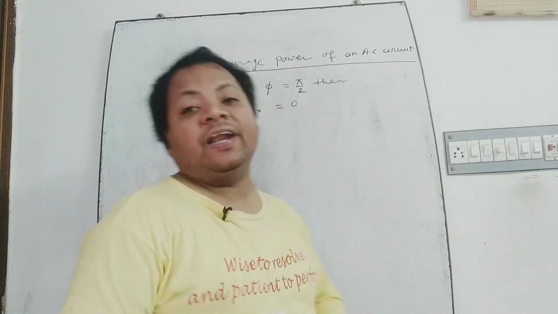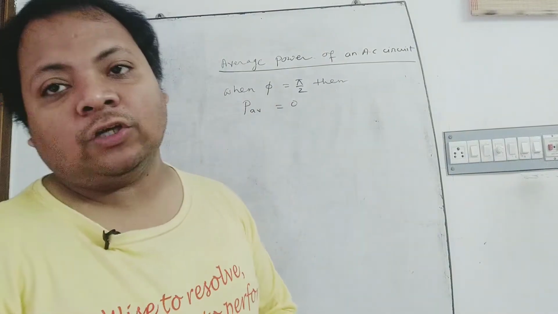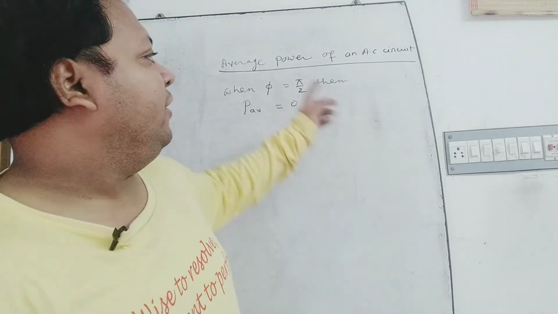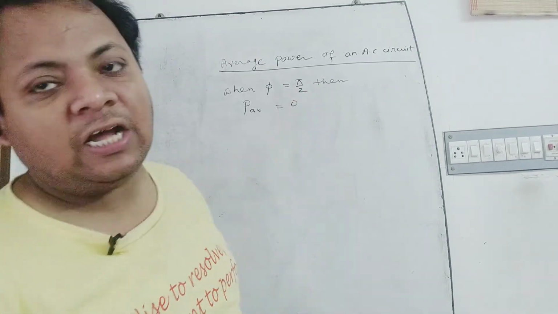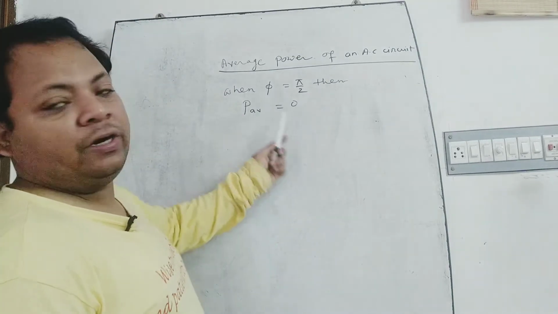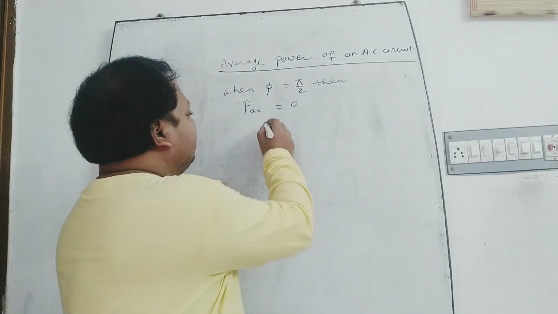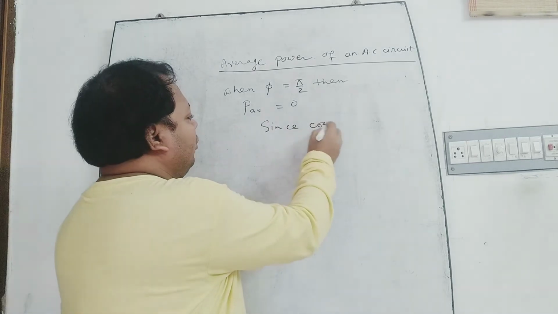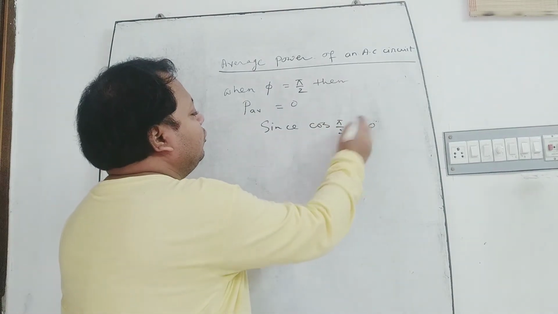When the current and the voltage are at 90 degrees, that is the phase difference between current and voltage is 90 degrees, then P average is equal to 0, since cos 90 degrees is equal to 0.